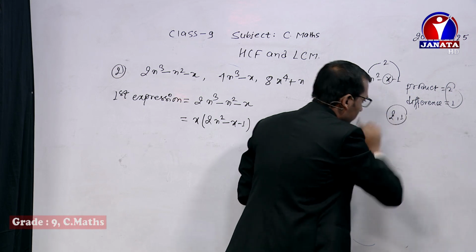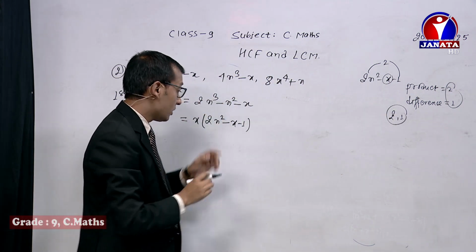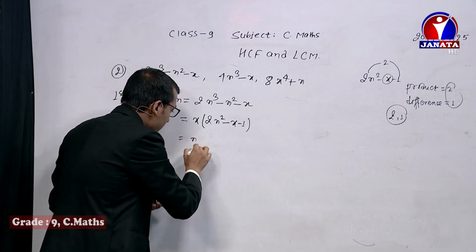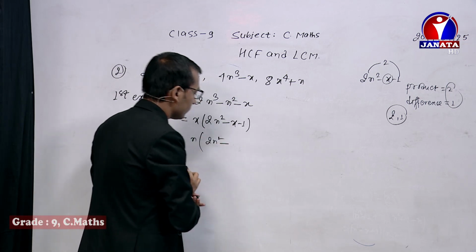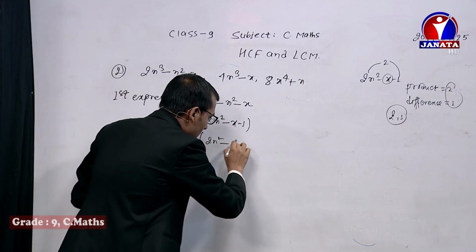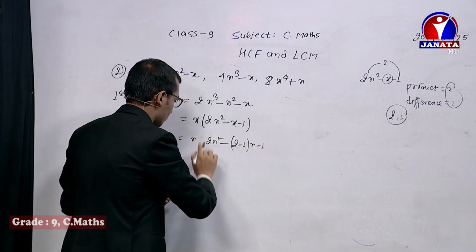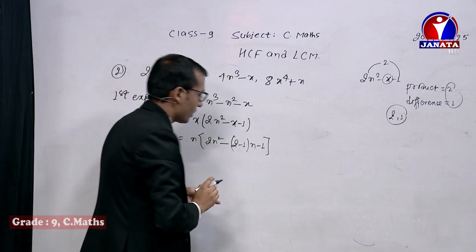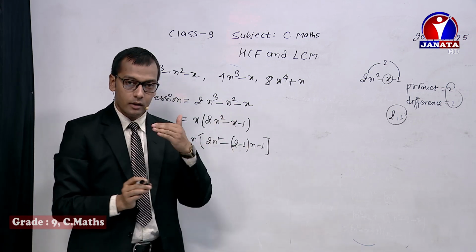So we can split the middle term x: 2x square minus (2 minus 1) times x minus 1. I am splitting the middle term x because 2 minus 1 is 1, times x is x.